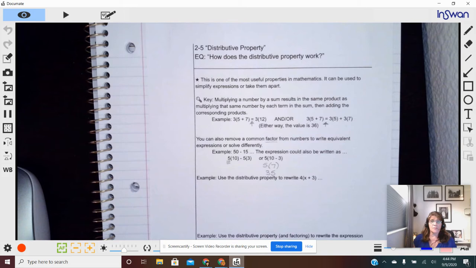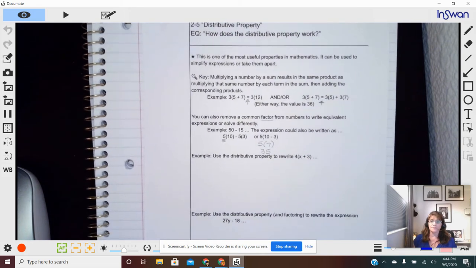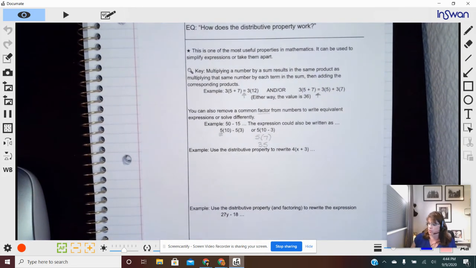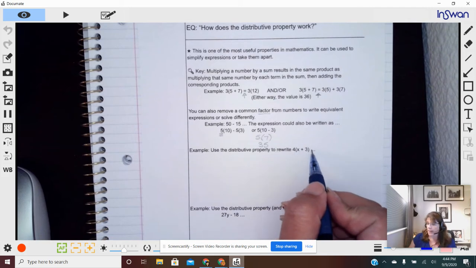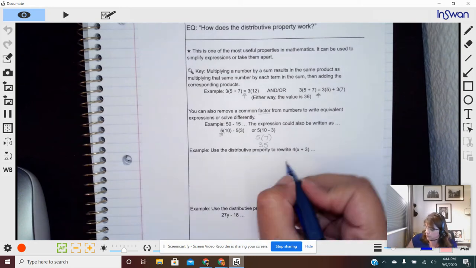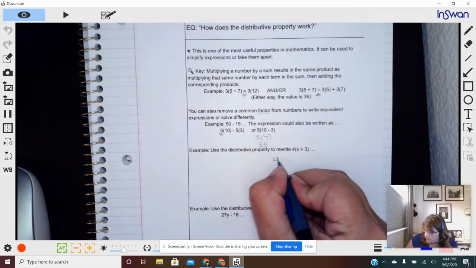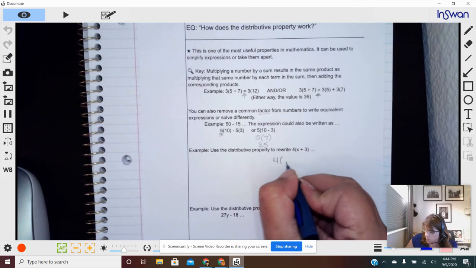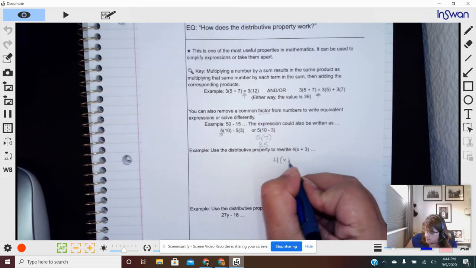So an example of something you might do for a homework problem would be to use the distributive property to rewrite an expression. Okay, now this is where one of my son's favorite teachers, I think in middle school, referred to this as the boing boing property. Now I'm going to show you it because it helps you not mess up. I'm going to rewrite the problem. 4 times the quantity x plus 3.